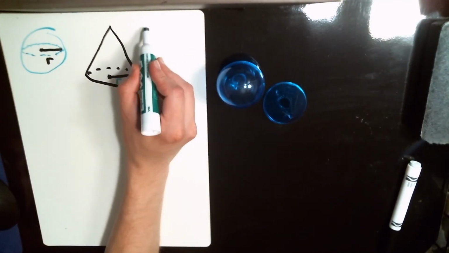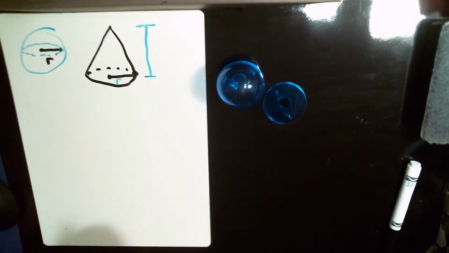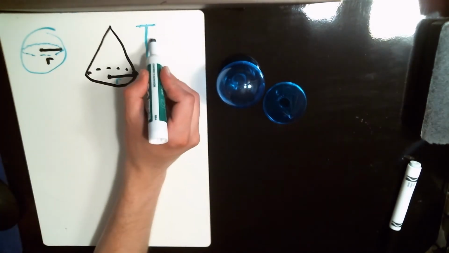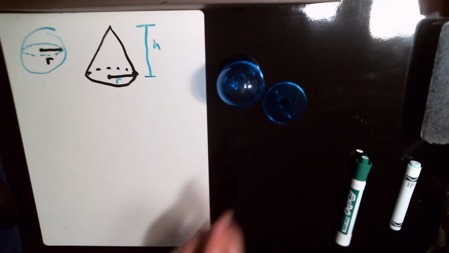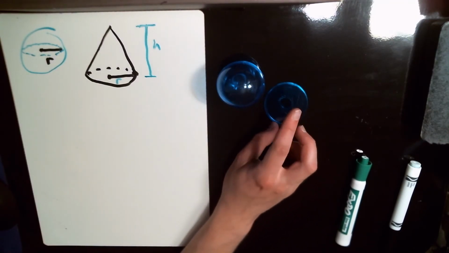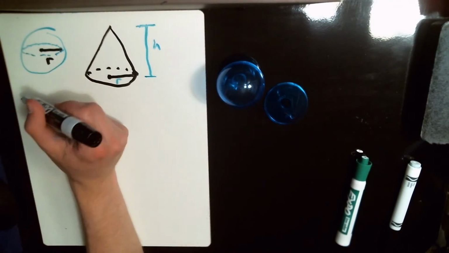And then we need to know the height of it to find the volume, right? So this was your height. Okay. Well, in this case, the height of this cone, we want to rewrite that in terms of the radius of the sphere.